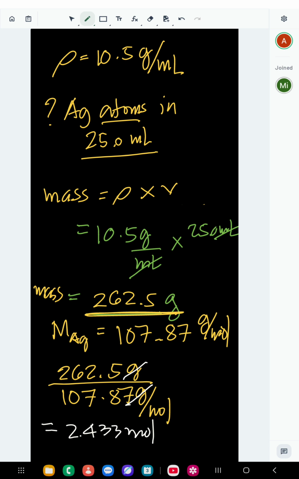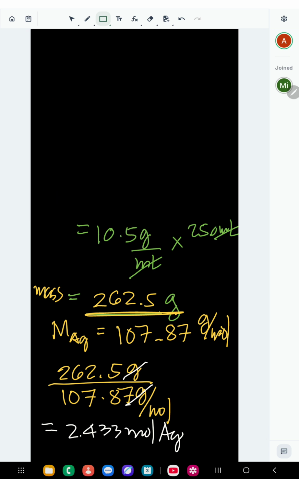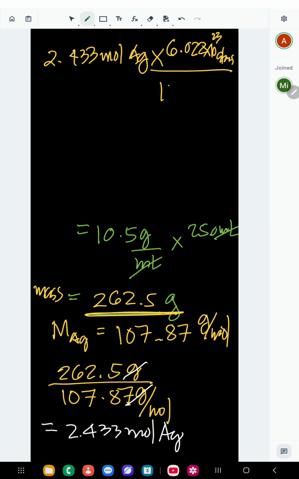Yeah, so we convert moles of silver to atoms. Okay, let me delete this. So we have 2.433 mole silver. We convert to atoms, so we multiply this by the Avogadro's number, 6.022 times 10 to the 23rd atoms per 1 mole silver.